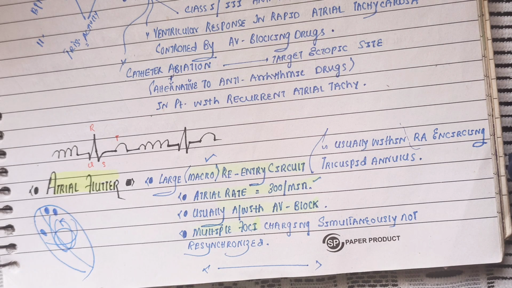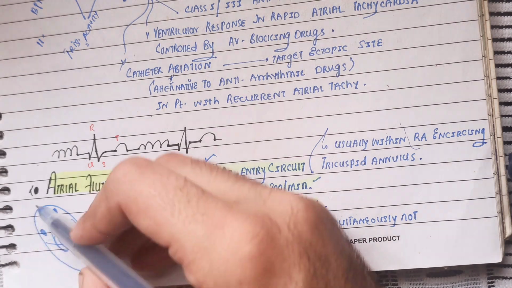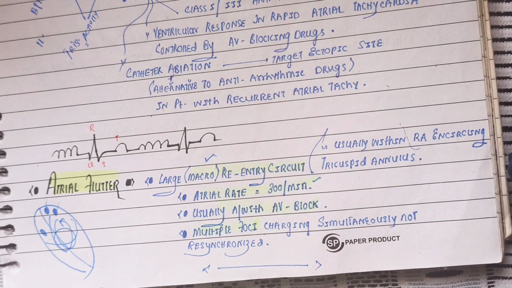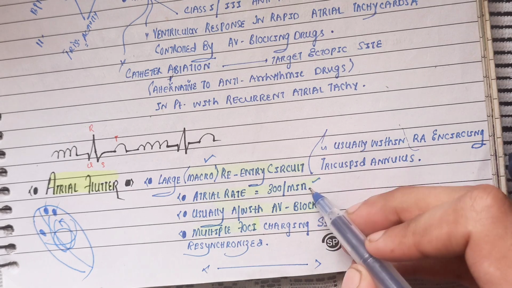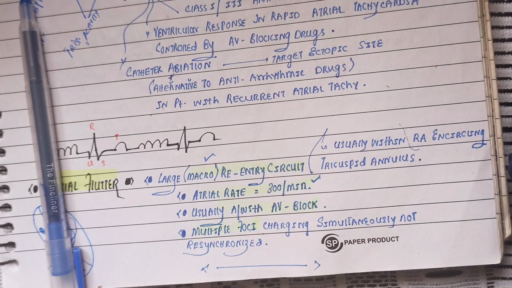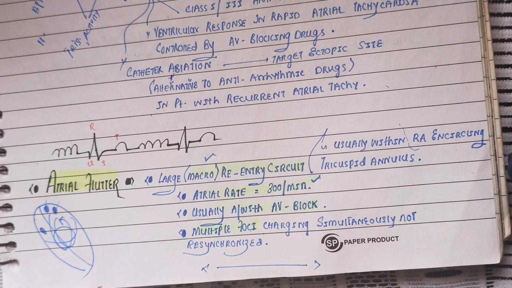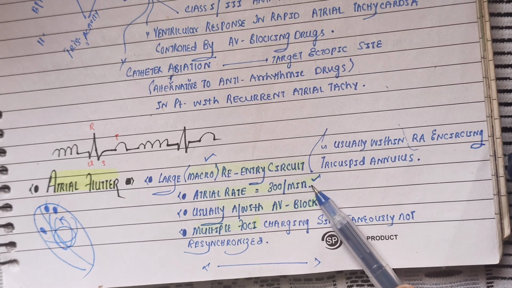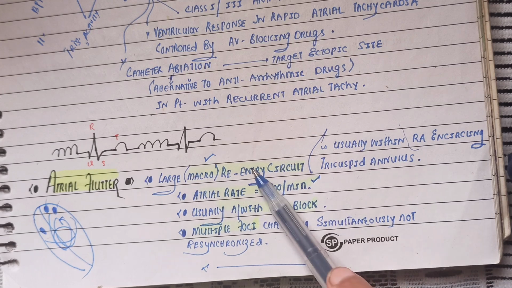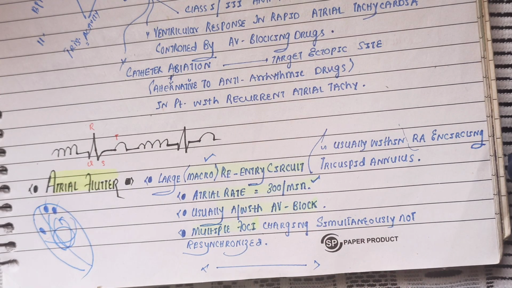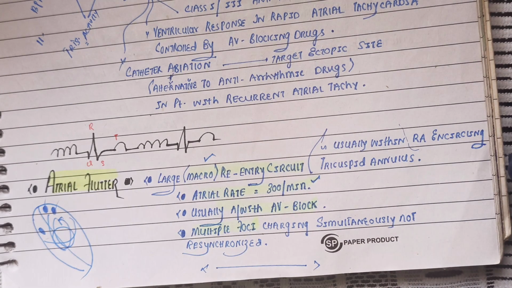What happens in this is, let me tell you, there is presence of multiple foci, and you can see these are the foci other than the SA node, right? And these foci produce impulses at a rate of 300 per minute. Ectopic foci are there, firing at a rate of 300 per minute, creating large re-entry circuits with the triggered activity too.